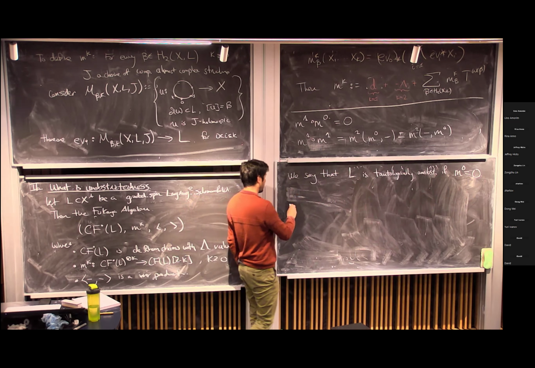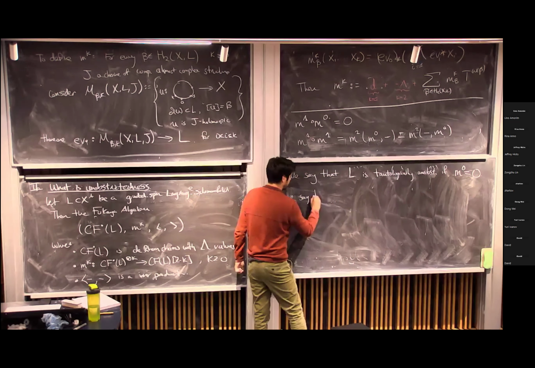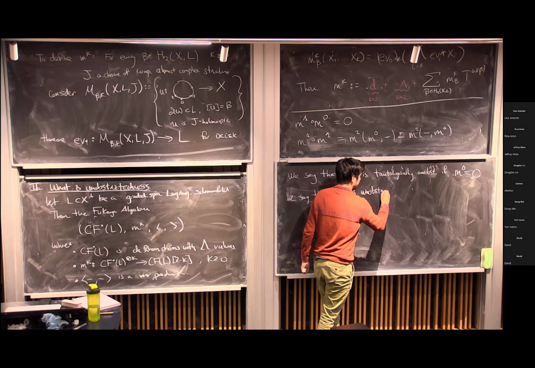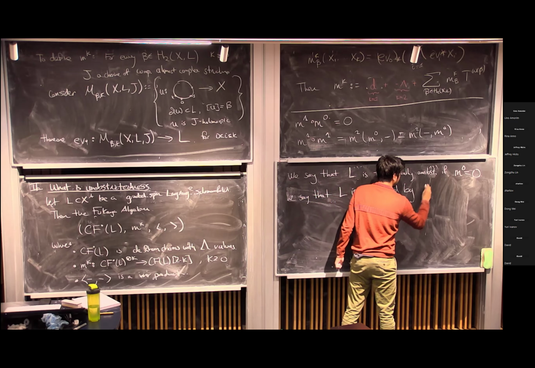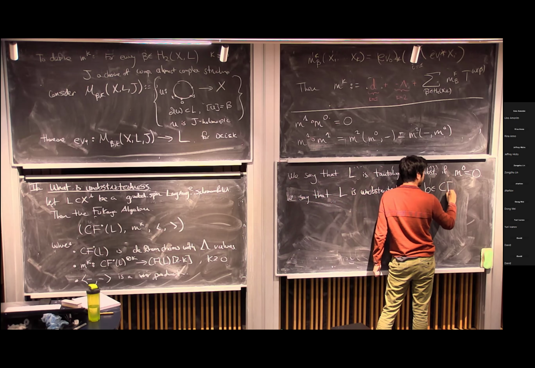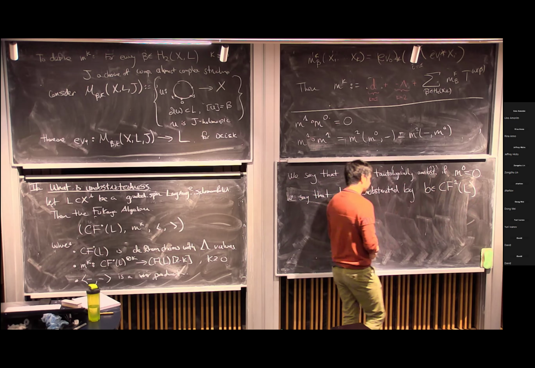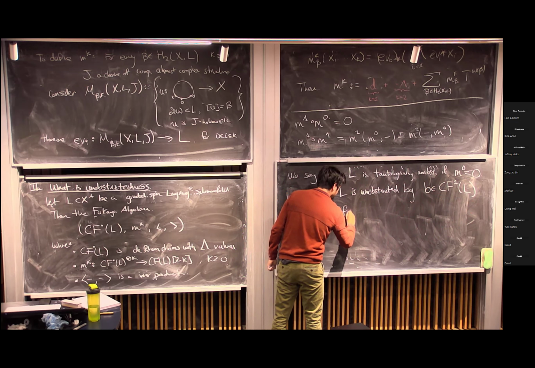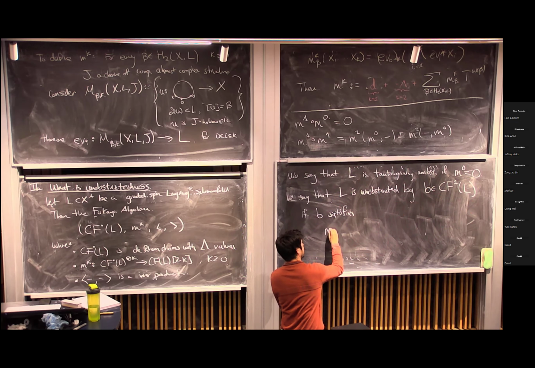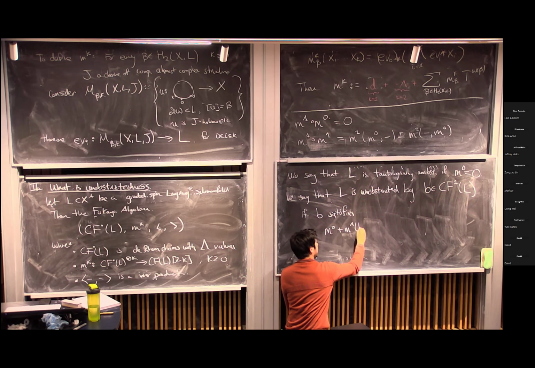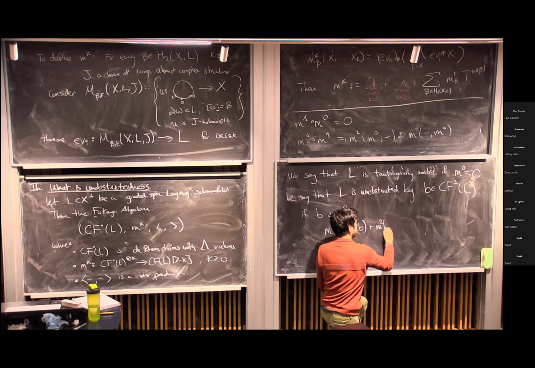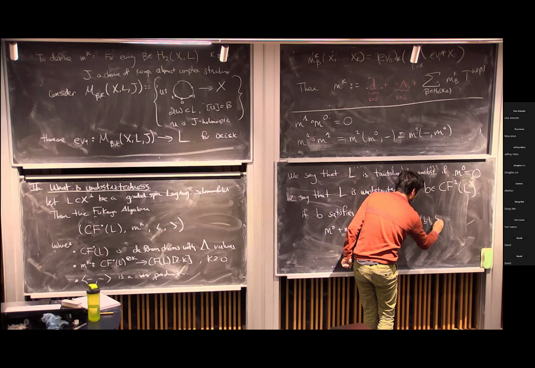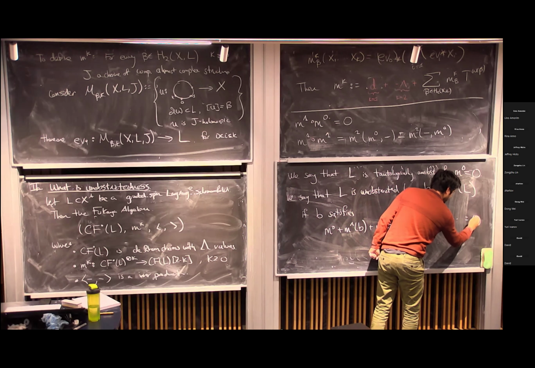And we say that L is unobstructed by some element B in CF^1 if B satisfies the relation m0 plus m1(b) plus m2(b,b) plus m3(b,b,b) plus ... is equal to 0.